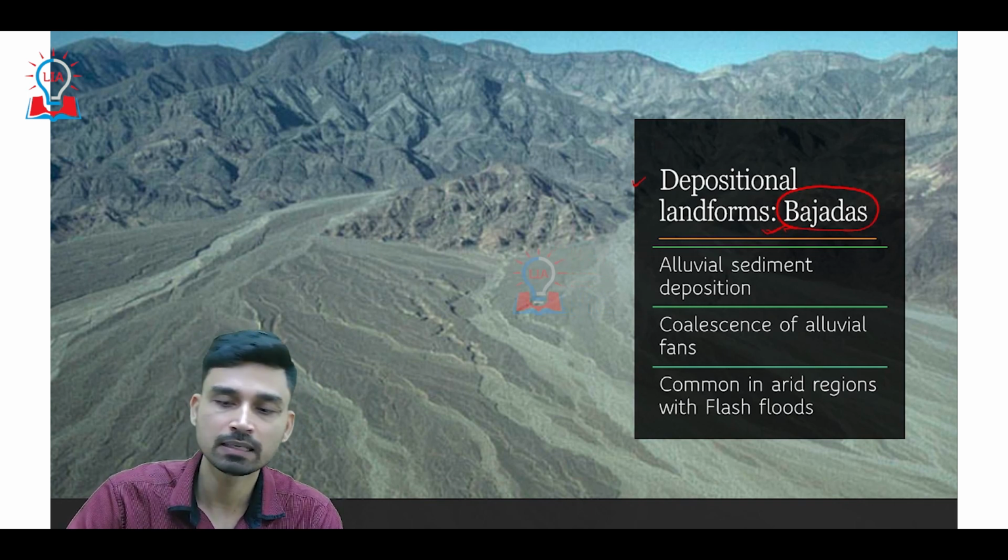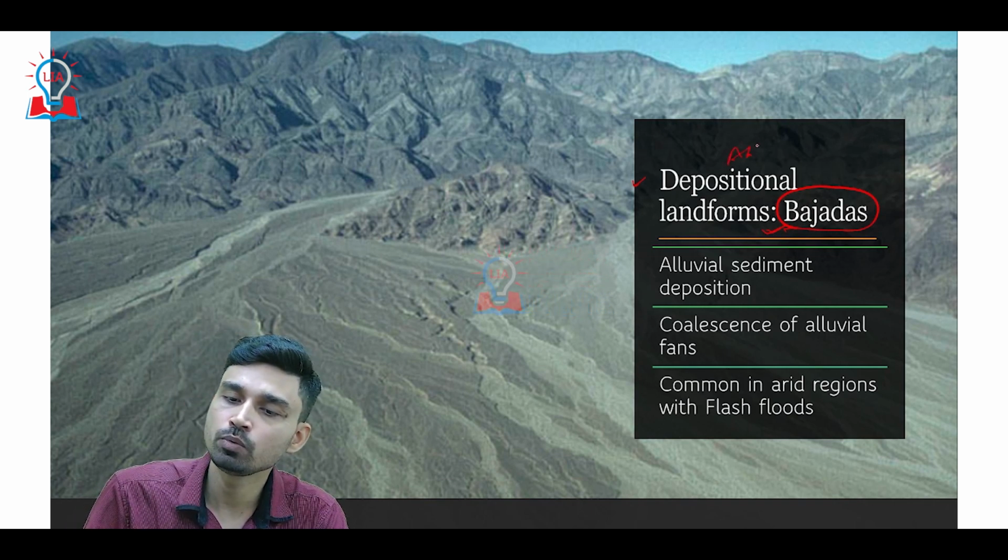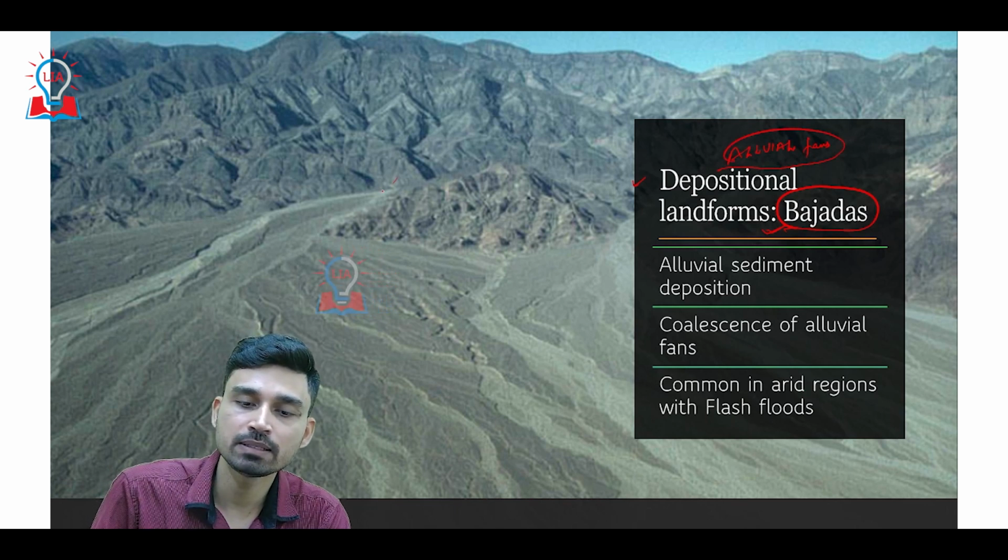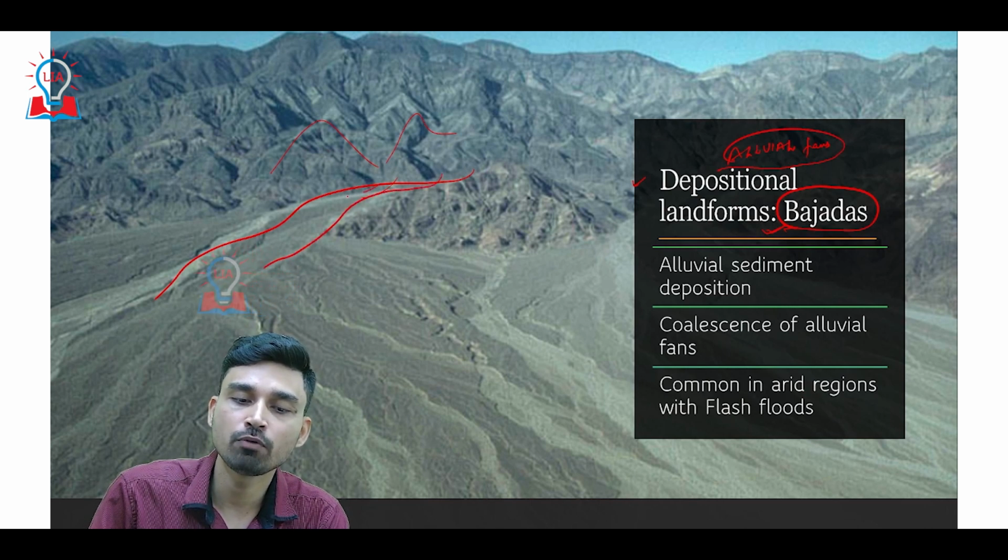Now, bahadas are very similar to the landform we discussed in fluvial deposition landforms, that is, the alluvial fan. In simple terms, the same thing happens here as well. Due to flow of water from the nearby hilly areas, a large, thick volume of sediments is brought by this water.